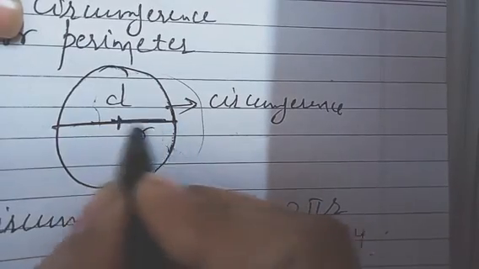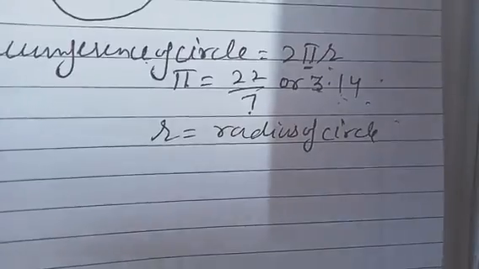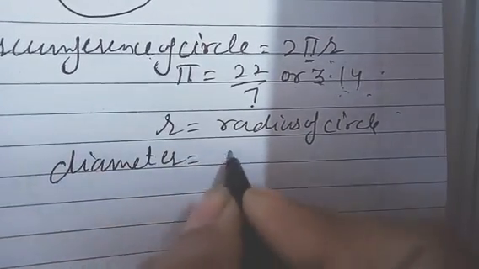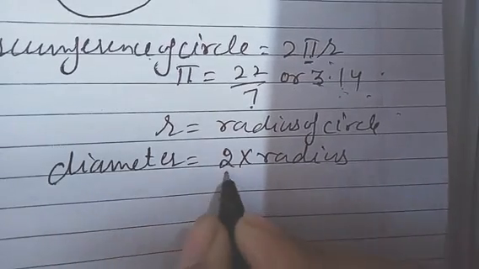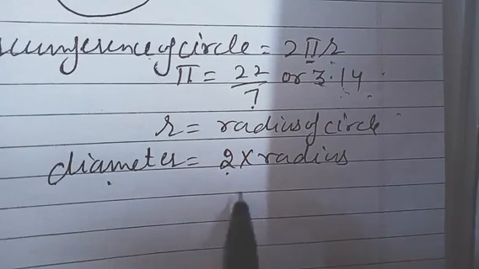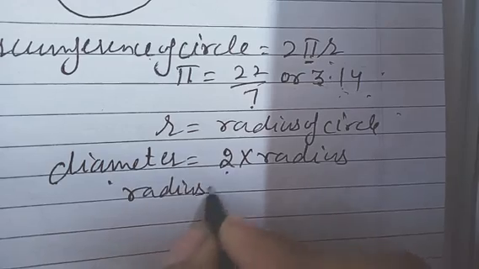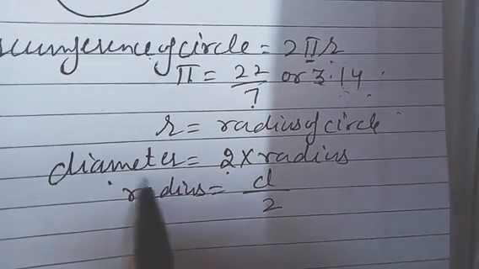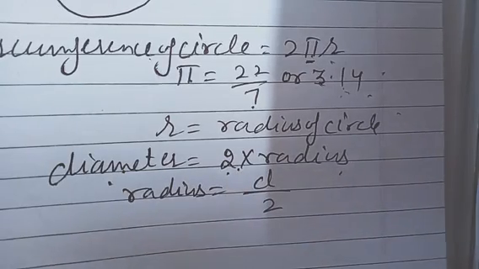This is the radius and this full line is the diameter, and diameter is equal to 2 multiplied by radius. Diameter is always double of the radius. If diameter is given and you have to find the radius, then radius is equal to diameter by 2. If you have to find diameter, diameter is equal to 2 multiplied by radius.